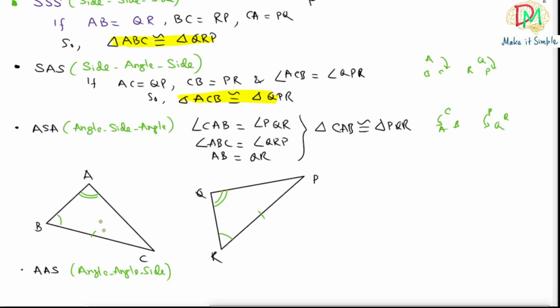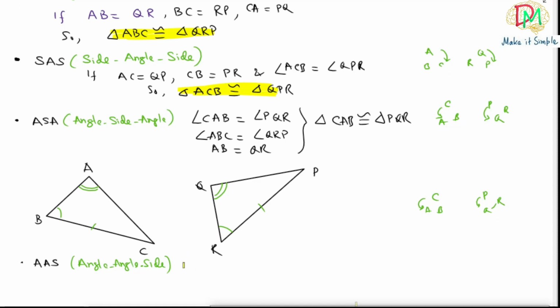Consider these two triangles, and the corresponding angles are angle A and Q and angle B and angle R. So we can write the orientation as CAB and PQR.